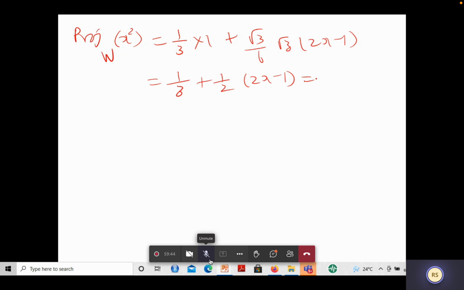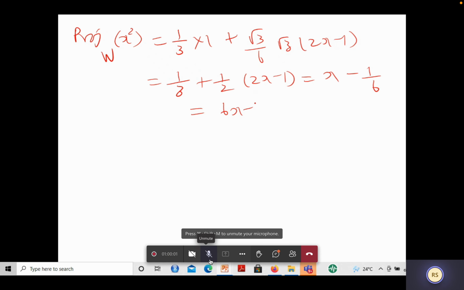Simplify this: 1 by 2 into 2x is x, and 1 by 3 minus 1 by 2 is minus 1 by 6. So it is x minus 1 by 6. That is the vector if you project it along W. Understood? Yes, ma'am.